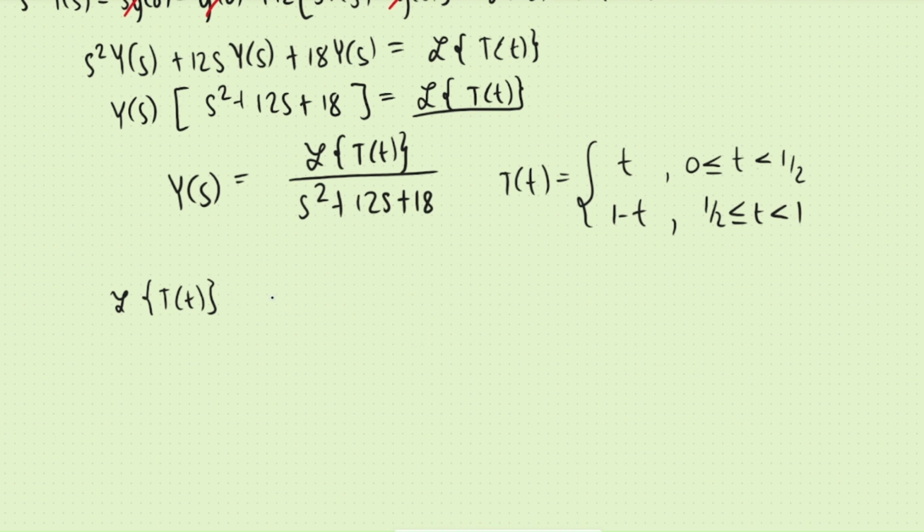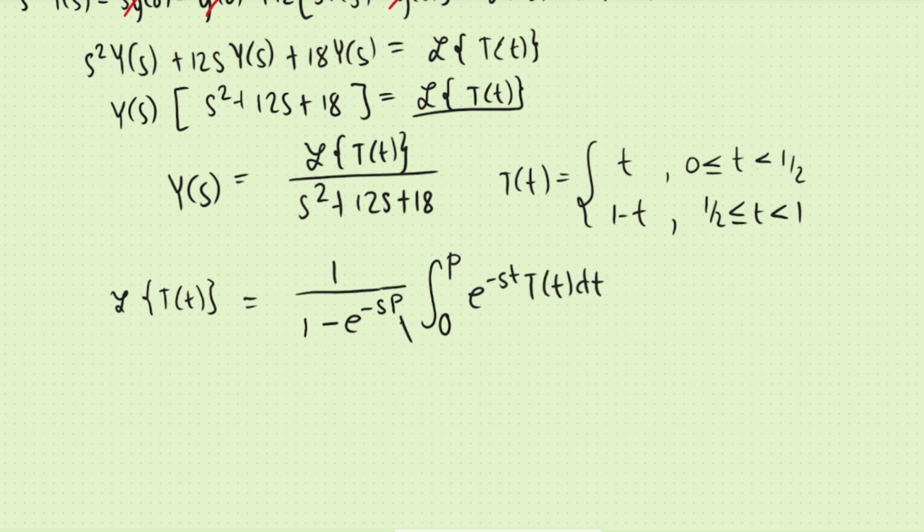Okay. So the formula, let's go for the Laplace transform of T of t. The formula for this one is 1 over 1 minus e to the negative sP, where our P is the period of our T, okay? And integral from 0 to our period, which is 1 in this case, e to the negative st, T of t dt.